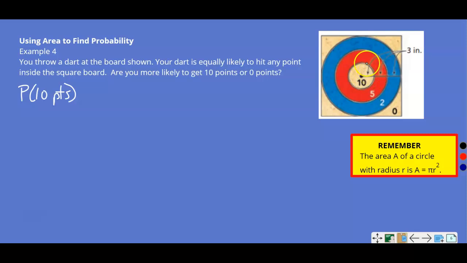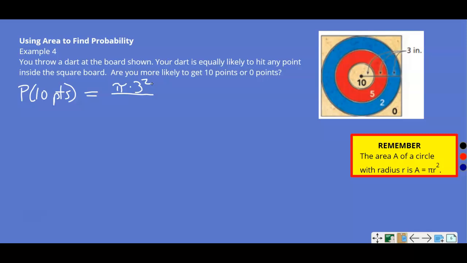Remember that the area of a circle with the radius r is area equals pi r squared. So we're going to find the area of the small circle. So we're going to do pi times 3 squared. Now remember the probability goes over the whole.